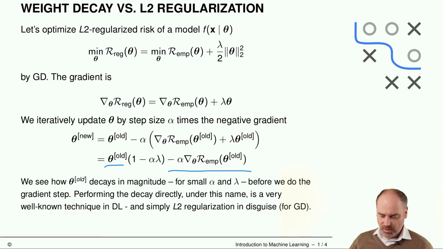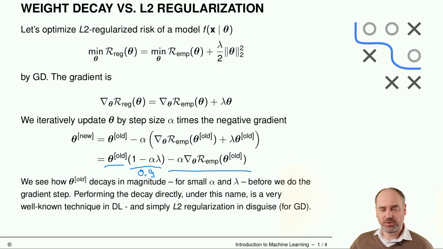But before we apply that, we now do one extra step. If we have a ridge penalty in there, this results in us multiplying theta old with 1 minus alpha times lambda. And now consider the very usual case that alpha and lambda are not very large, specifically that they are smaller than 1, then 1 minus alpha times lambda is also going to be some value between 0 and 1. So maybe the result of that thing here is 0.9, okay?